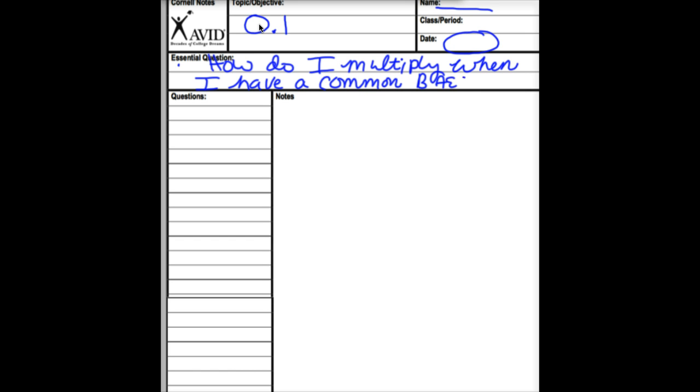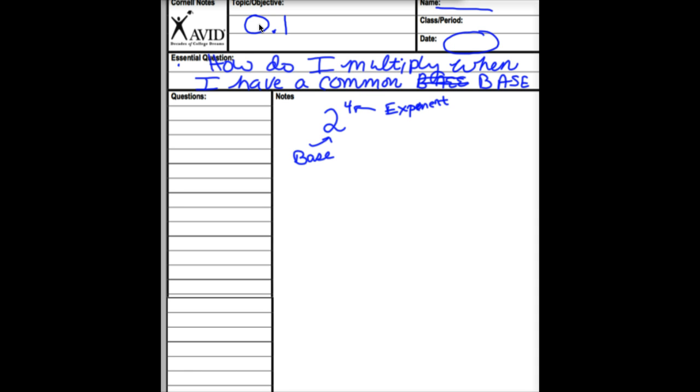So let's talk about a little vocabulary here first. When I write 2 to the 4th power, we call 2 the base, and we call 4 the exponent.